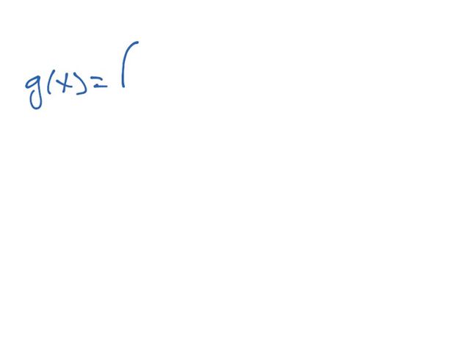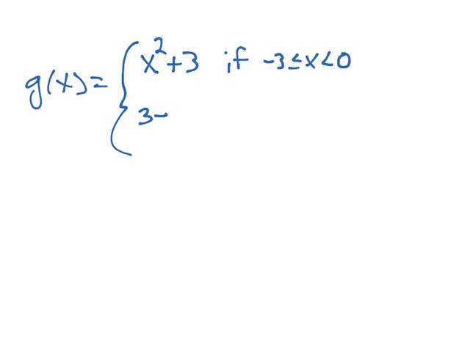Let's look at another one. Let's say that we have x squared plus 3 if negative 3 is less than or equal to x, which is less than 0, and 3 minus x if 0 is less than or equal to x, and x is less than or equal to 4.